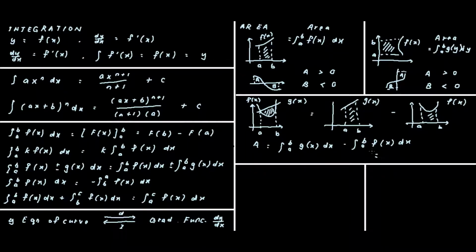Instead of doing two different steps, you can see that they have the same range, so we can combine them. Instead of doing g(x) and f(x) separately, we will have a to b, then straight away use g(x) minus f(x).